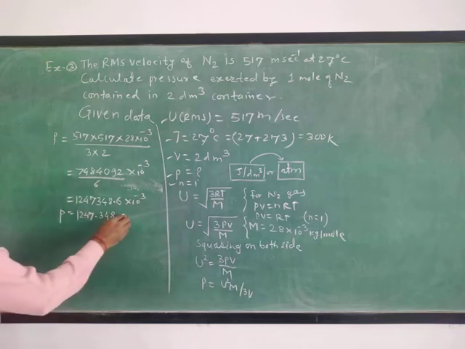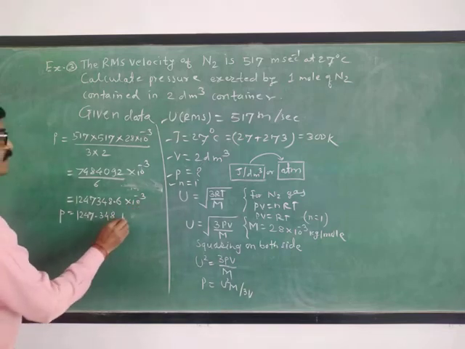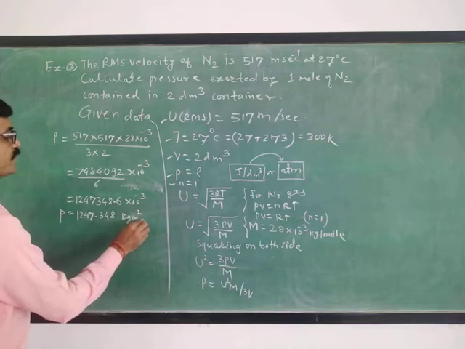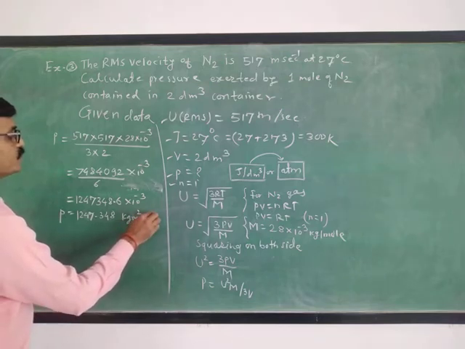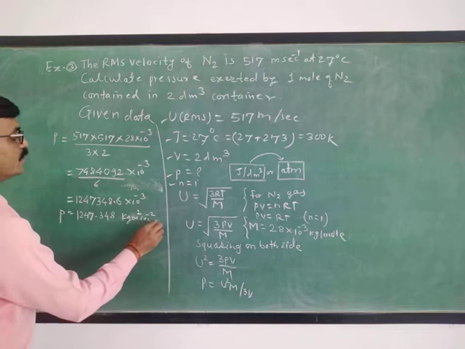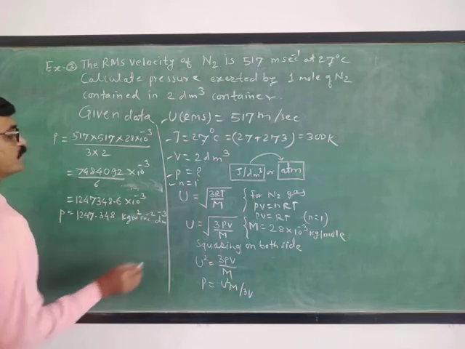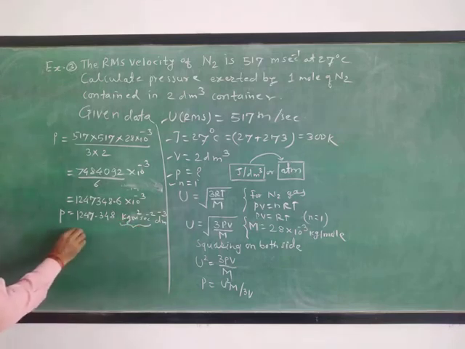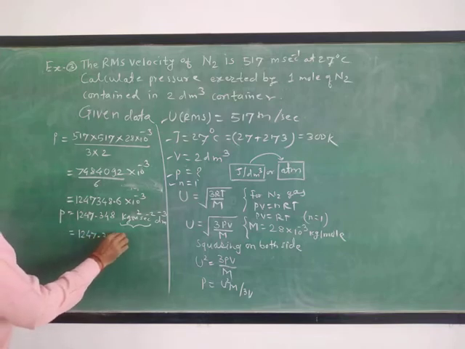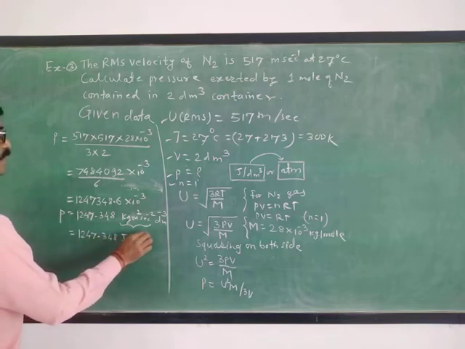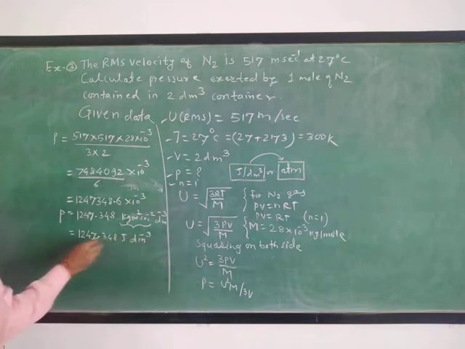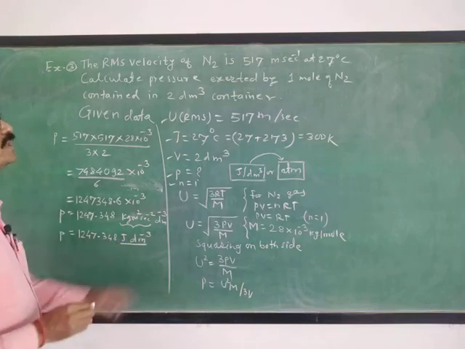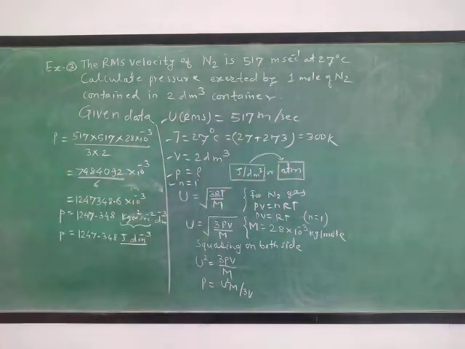That's why the unit becomes kg meter square second raised to minus 2 into dm cube raised to minus 3. But this is nothing but joule. That's why it will be 1247.348 joule per dm cube, means dm cube raised to minus 3. Now you have to convert this into atm, means atmosphere.